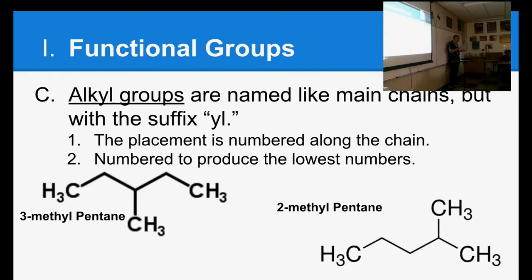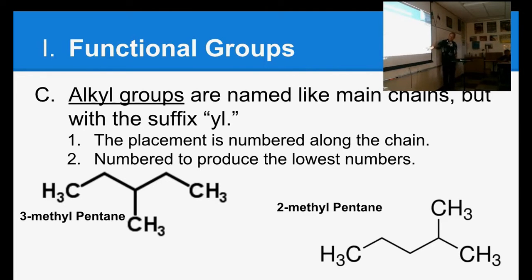We number it so that it has the smallest numbers possible. So if there's a long chain and there's a branch on the second carbon from the end, then we would name that 2-something-yl, and then whatever else the molecule is called. We wouldn't start counting from the other end where we have like 9 or 10-something-yl, and then whatever the molecule is called. So we number so that we get the lowest number possible.